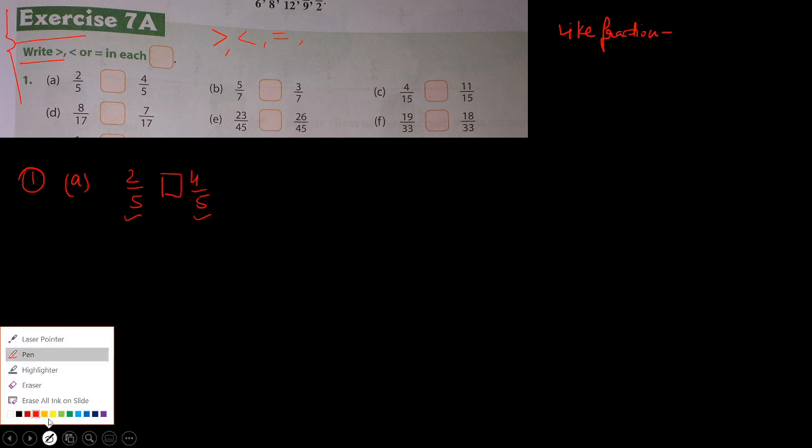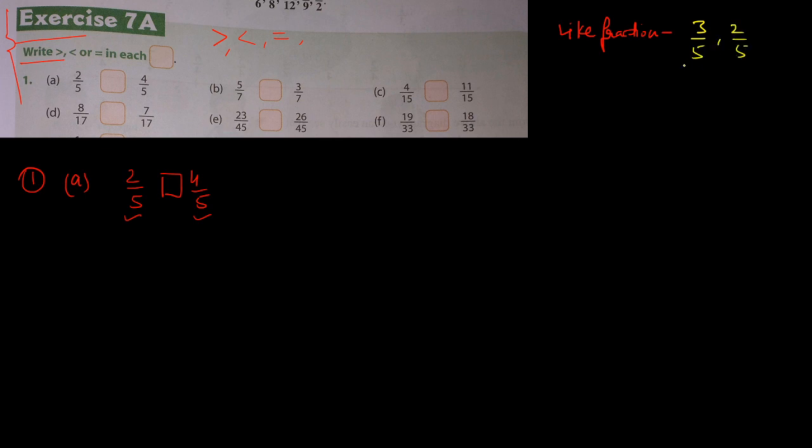2 upon 5 and 4 upon 5, which is greater? So students, as you can see here, both are like fractions. Now what is a like fraction? Like fractions are the fractions in which denominators are the same. For example, 3 upon 5, 2 upon 5.